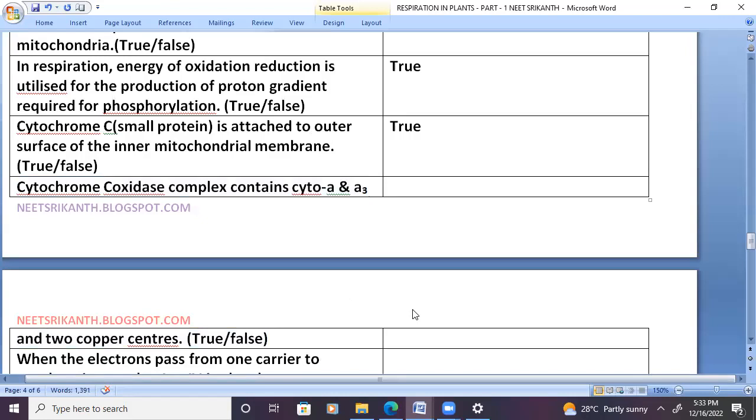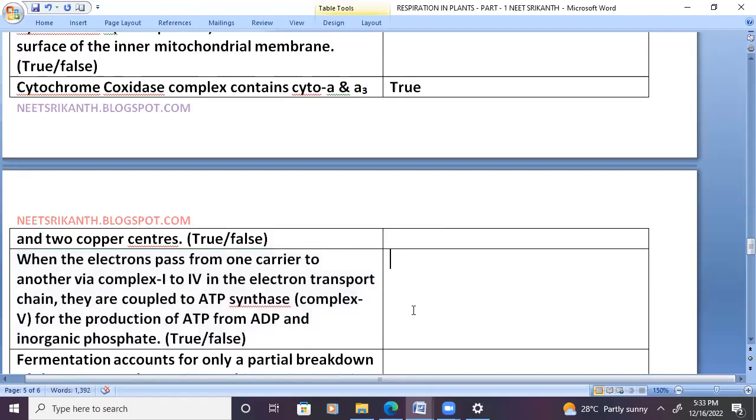Cytochrome c oxidase complex contains cytochrome a, a3 and 2 copper centers. True. When the electron passes from one carrier to another via complex 1 to 4 in the electron transport chain, they are coupled to ATP synthase complex 5 for the production of ATP from ADP and inorganic phosphate. True.